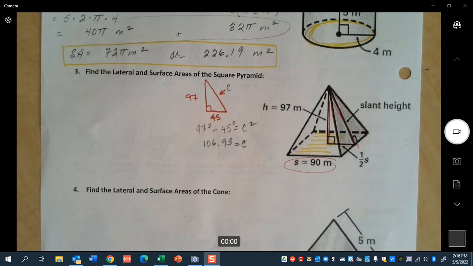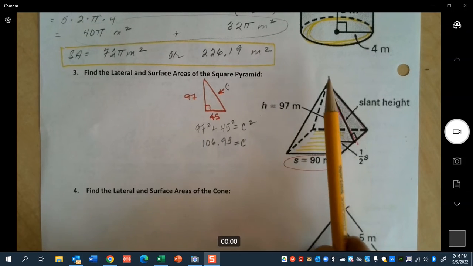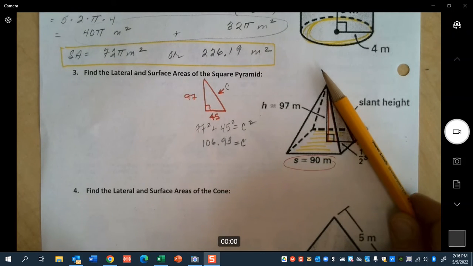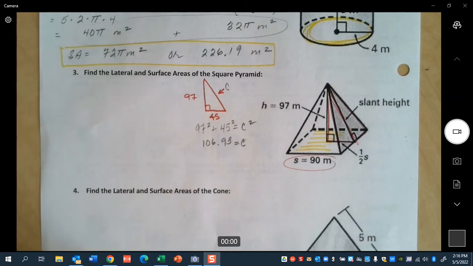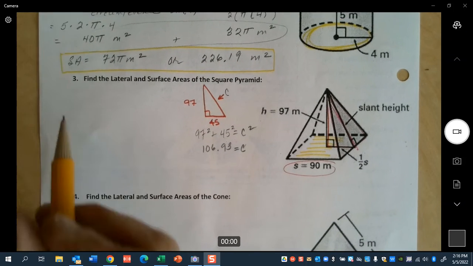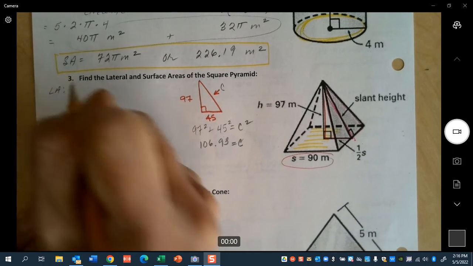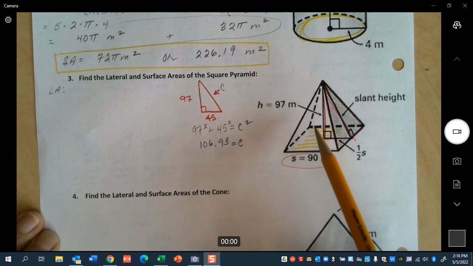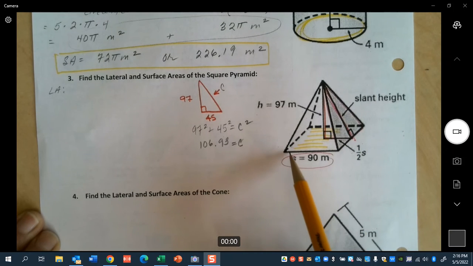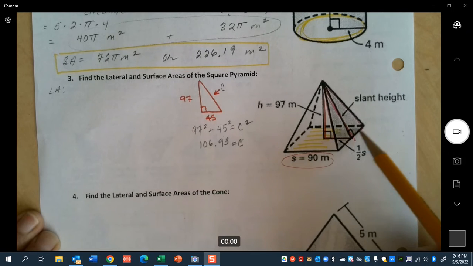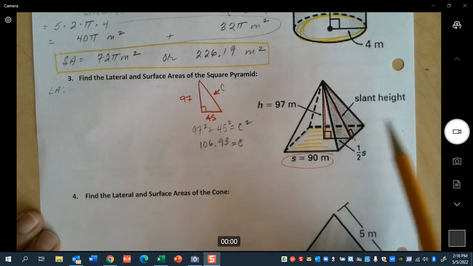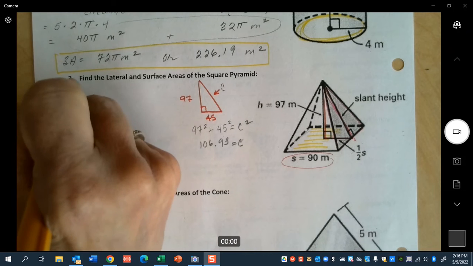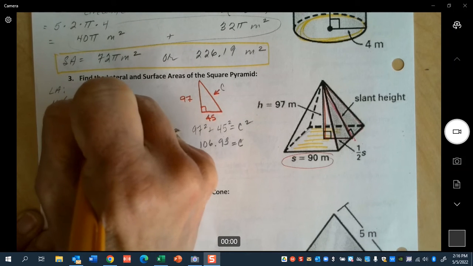All right, do we agree? So the height of that side, and we call it the slant height because we don't want people to get confused between the height of the shape and the height of the face. So when we go ahead and we find our lateral area, I have 1, 2, 3, 4 of these sides, 4 of these faces that came from each of these sides. So I have 4 of these triangular faces.